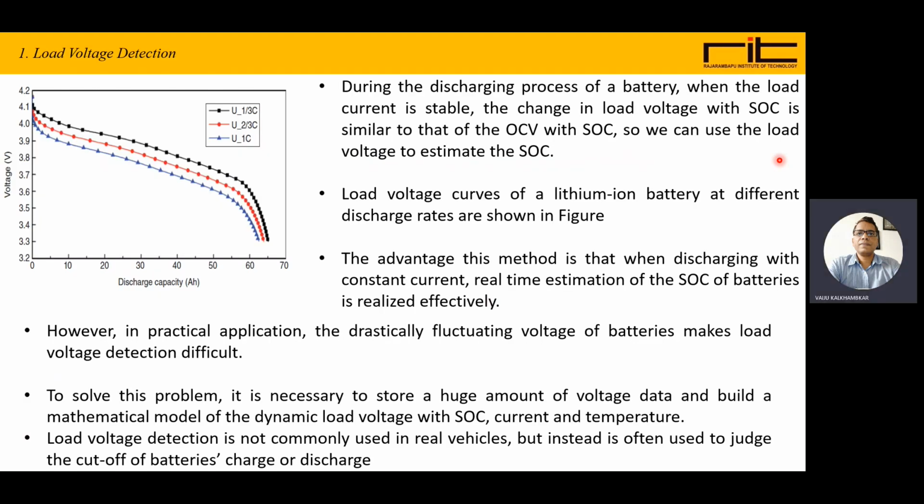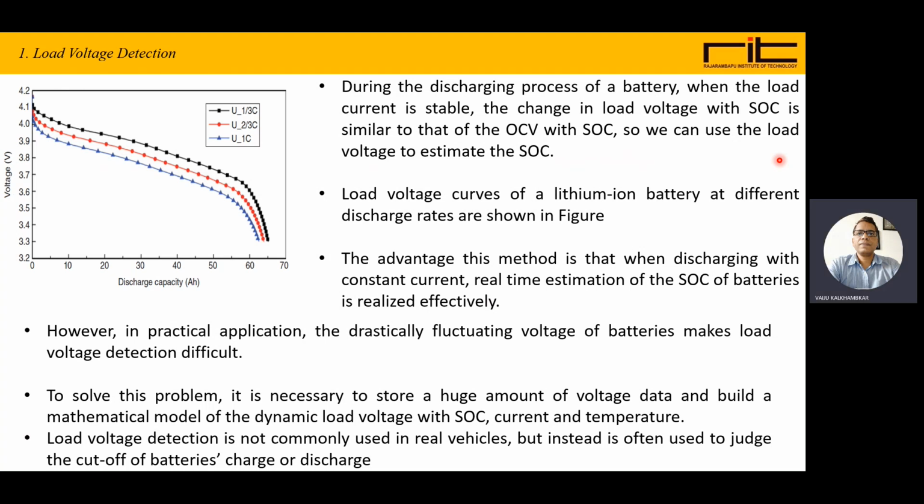The various methods of SOC estimation. The first one is the load voltage detection method. During the discharging process of the battery, when the load current is stable, the change in load voltage with SOC is similar to that of the OCV with state of charge.